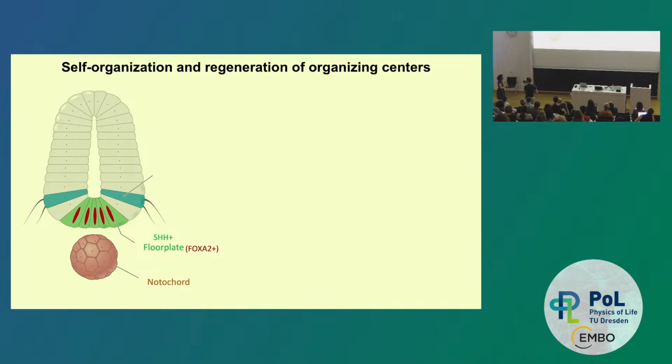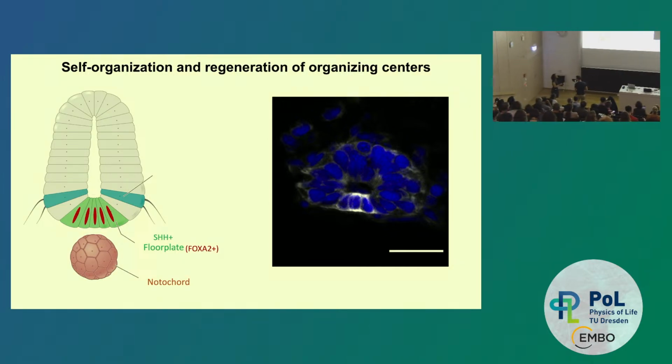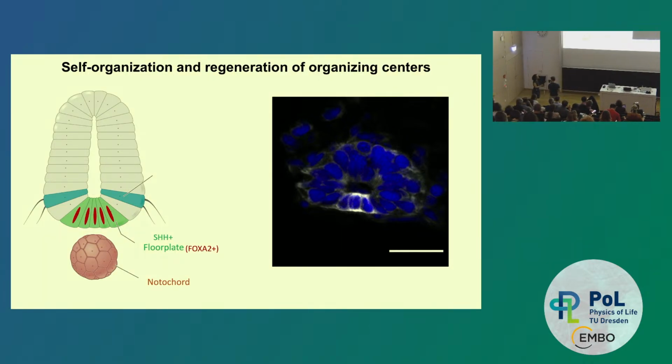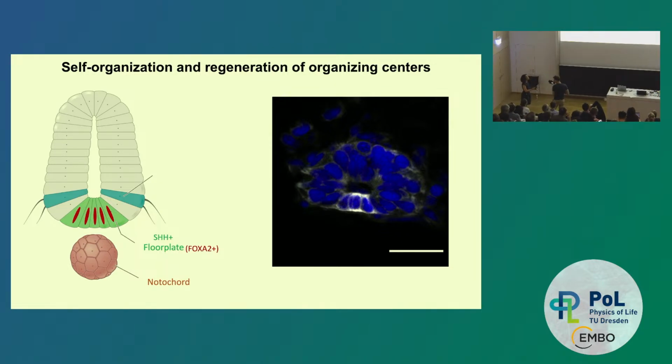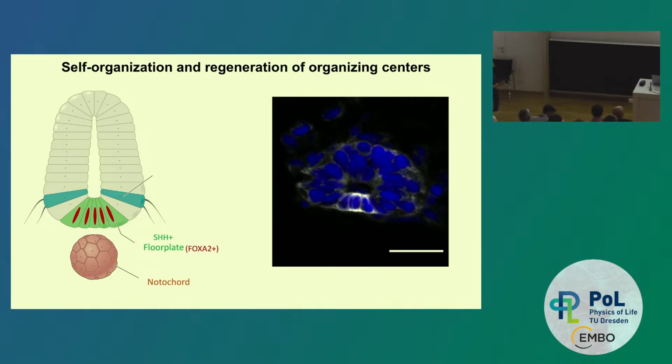Now, in regeneration of the spinal cord in the axolotl, you grow a new tube of neural progenitor cells from the amputation plane. And this is a cross-section of a regenerating axolotl spinal cord with the floor plate. You can see that there's sonic hedgehog being expressed here in white, but there's no notochord underneath.